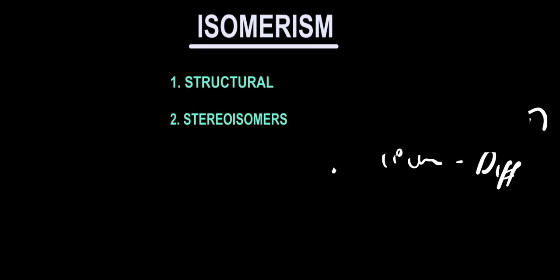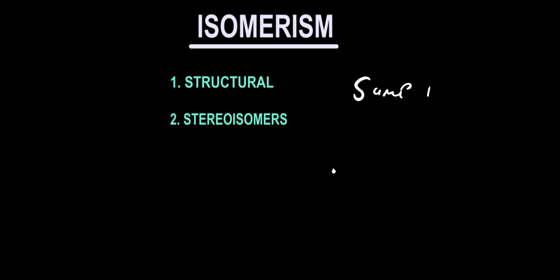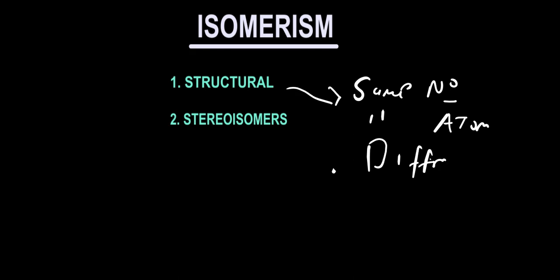A structural isomer is an isomer that has the same number and the same type of atoms, but those atoms are connected differently. That is a structural isomer.